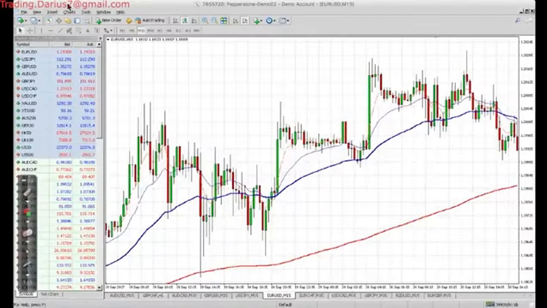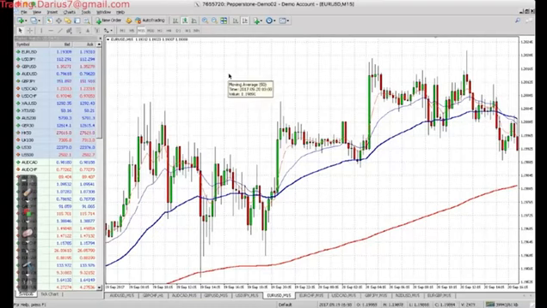All right, so before we go into the entry and exit rules, let's look at what chart setup we need for this strategy. Okay, so my suggestion is to use an MT4 platform. I'm using one MT4 platform over here. Now, I personally trade with Interactive Brokers, but you don't have to use Interactive Brokers. You can use any other broker.